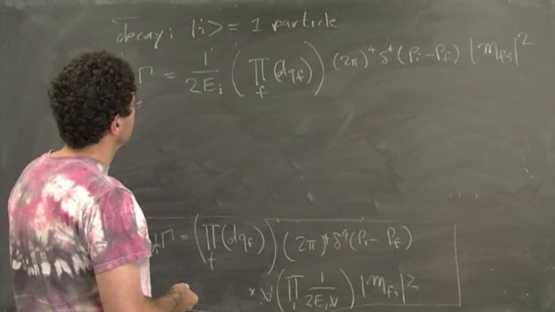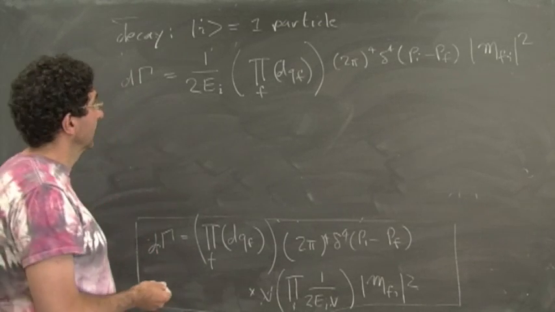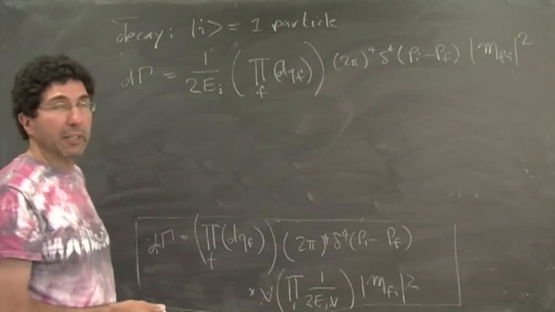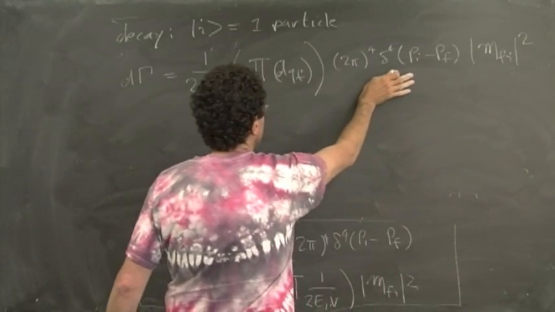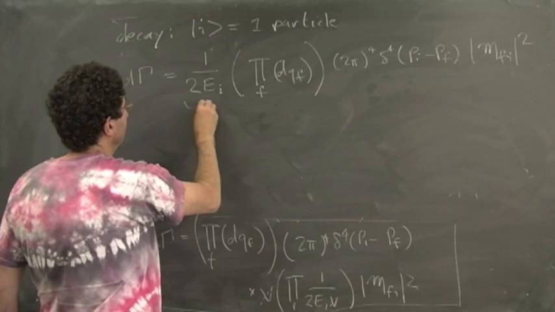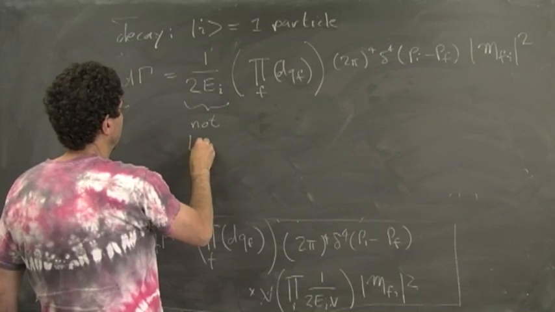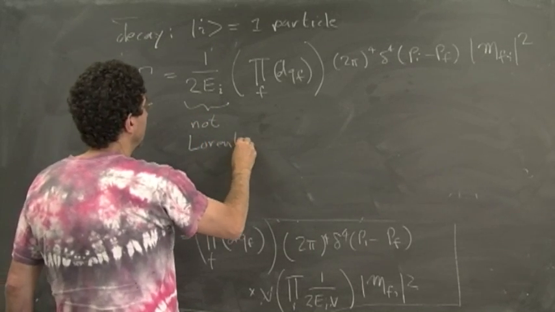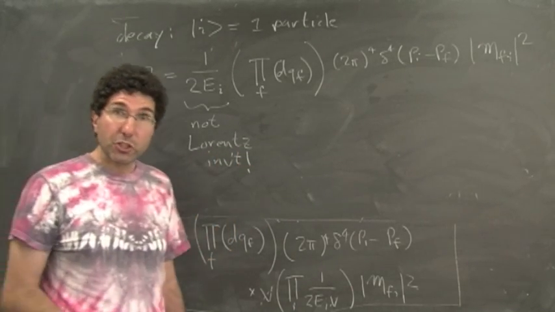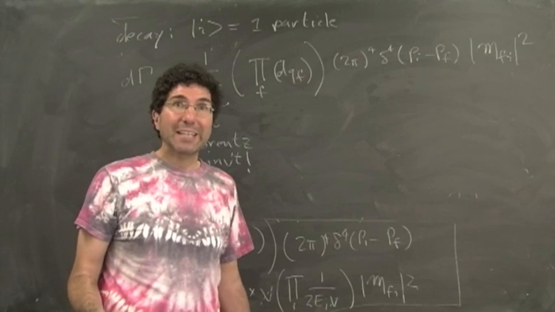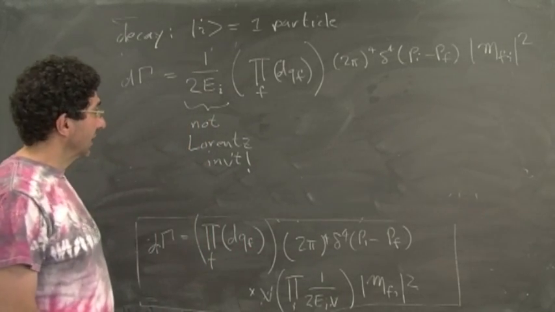Notice that this thing is not Lorentz invariant. It sort of almost is. This is Lorentz invariant, this is Lorentz invariant, this is Lorentz invariant. But this is not. But then, when you think about it, a decay rate should not be Lorentz invariant. It's a rate, so there's time dilation.